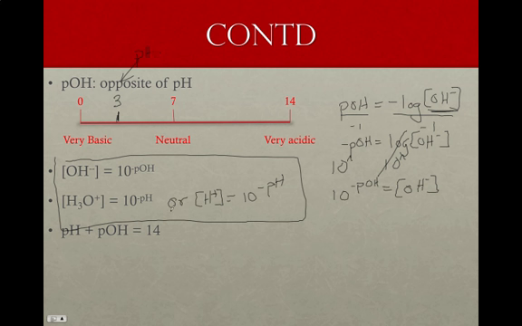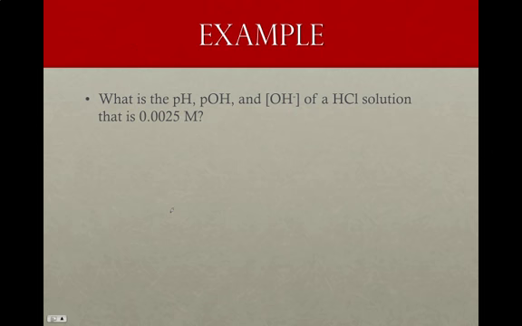So an example, what is the pH, pOH, and hydroxide ion concentration of a hydrochloric acid solution that is 0.0025 molar? Well, first of all, the fact that it's talking about an HCl, that means that this is an acid.